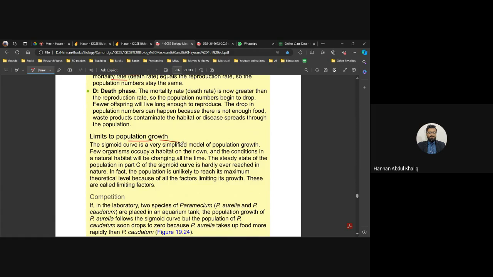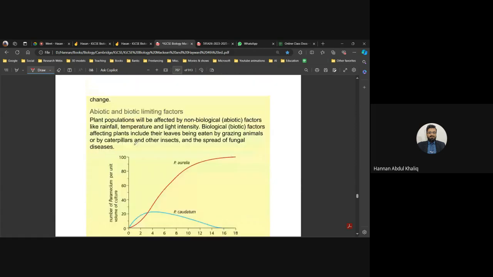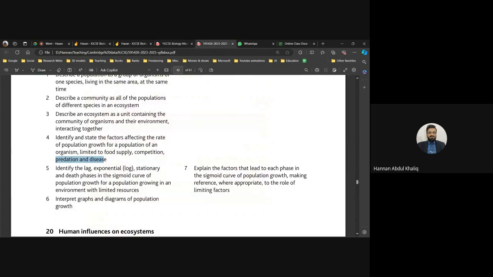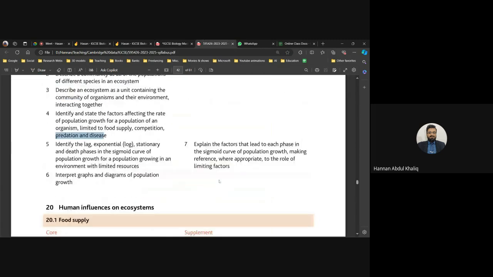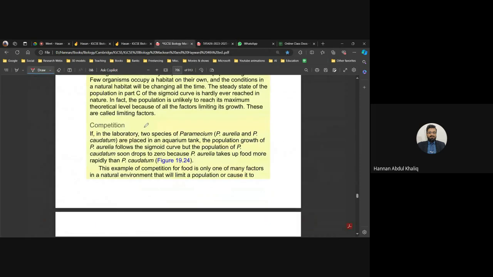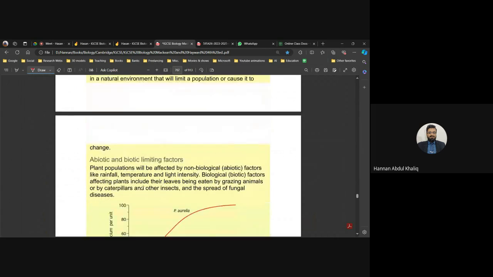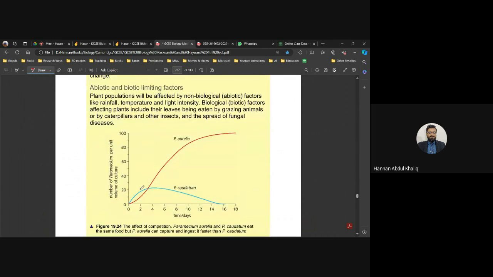Limits to population growth are the same. Abiotic and biotic limiting factors are here. First is competition, as I have already told you. Then abiotic and biotic limiting factors.